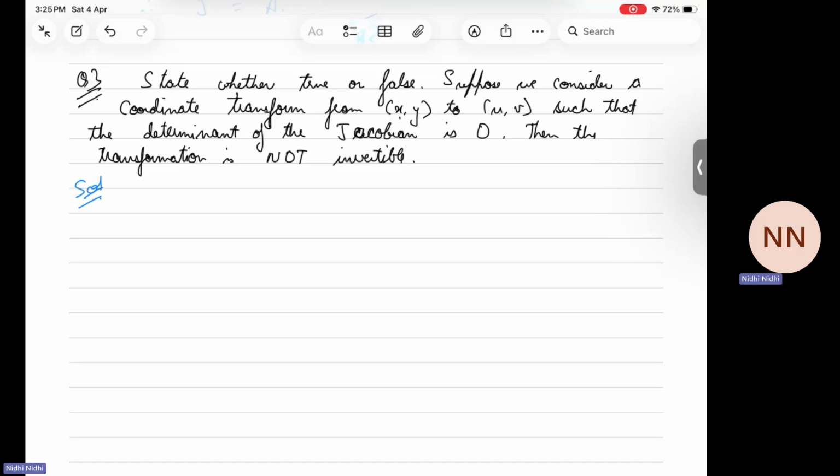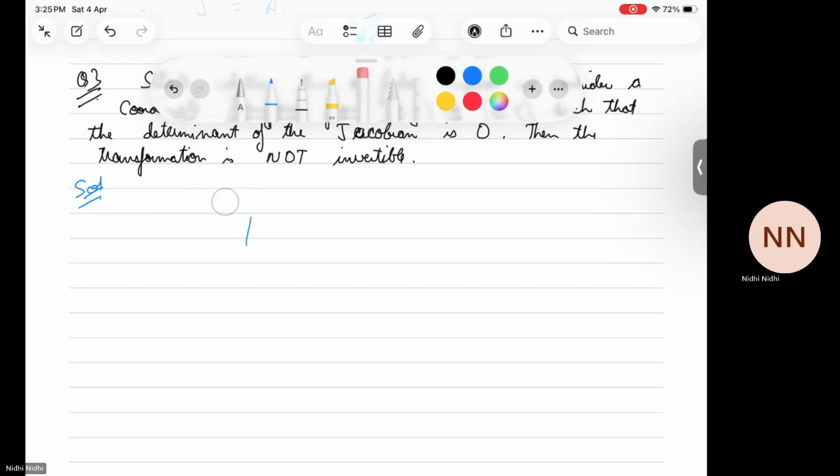Okay, so now since we are given that the determinant of the Jacobian is 0, that means the determinant of the matrix... or instead, let's start with looking at the transformation.